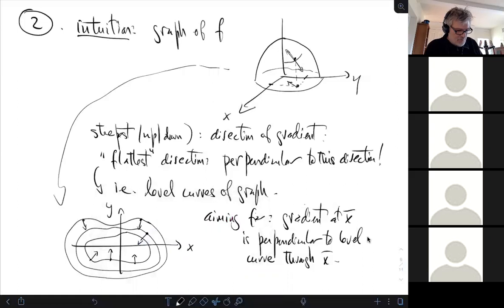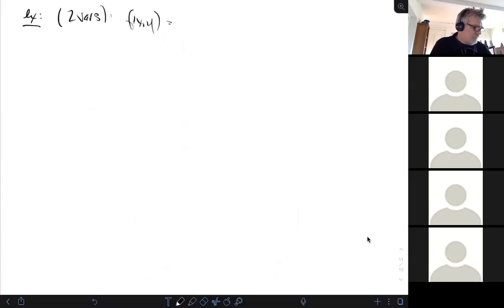So let's see. Here's a simple example, two variables, just like I was illustrating. Actually, no, I'm going to take a simpler example. It'll be a mountain upside down. Sorry, but it'll be simpler algebraically.